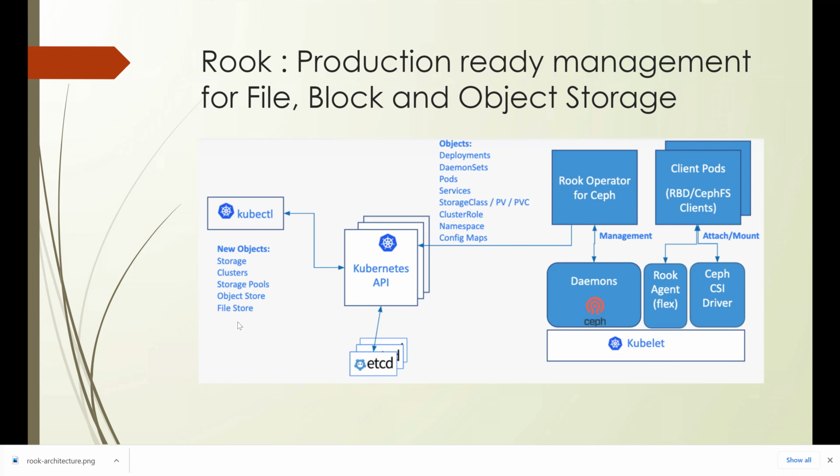So what we see here is we can have different APIs for commercial products, and that is Rook. Rook is a graduated project which supports ready management for file, block, and object storage.